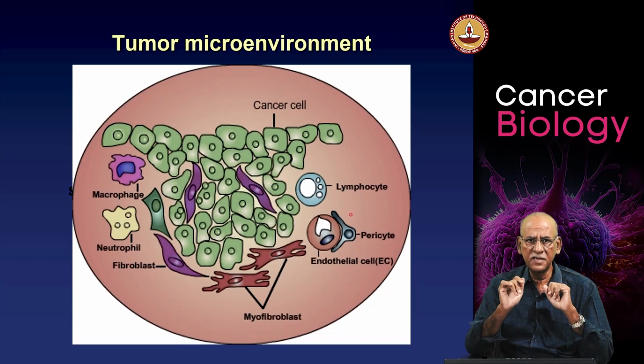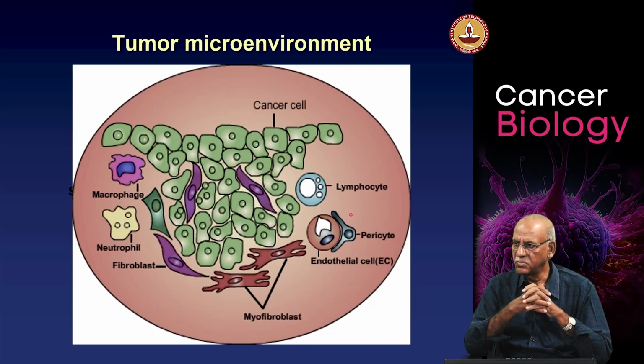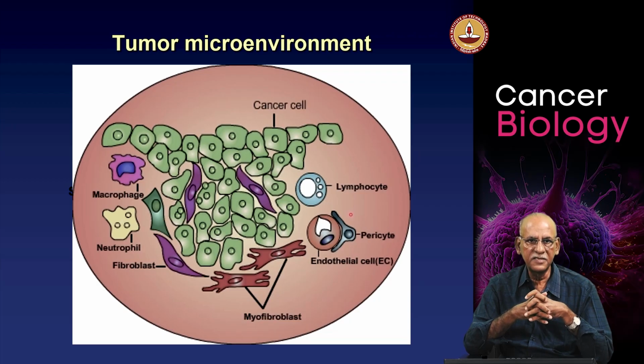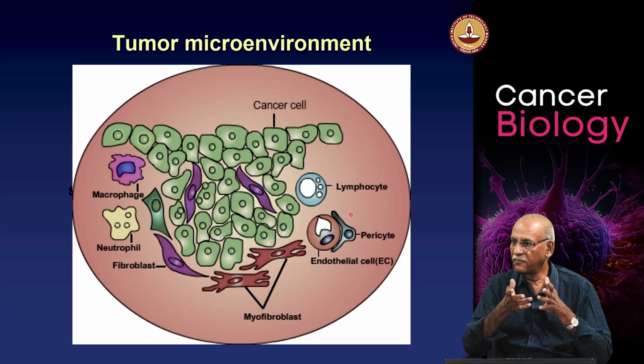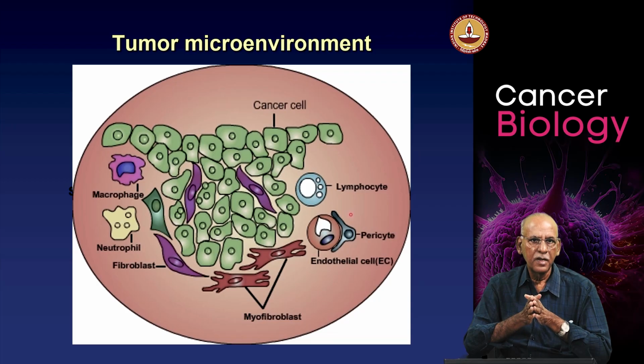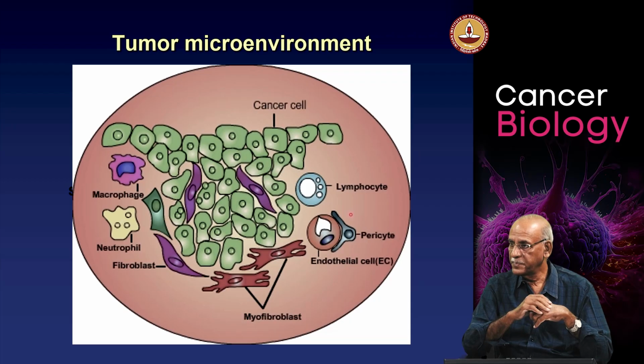So, cancer cells are there, lymphocytes, and then endothelial cells, and what are known as pericytes, and some fibroblasts, and what are known as myofibroblasts also, a number of cells, neutrophils, macrophages, and what is shown or not shown there are the stem cells also. They are also very important.